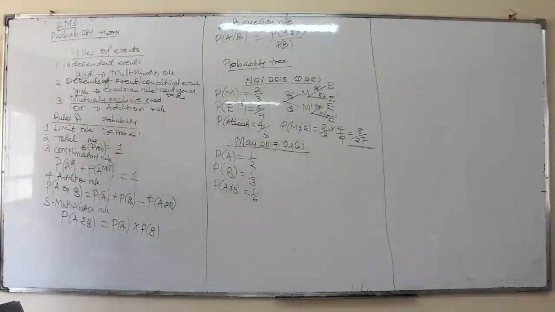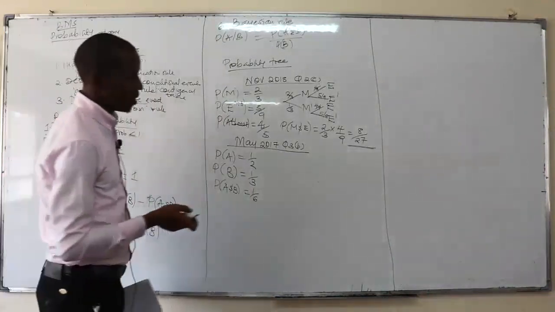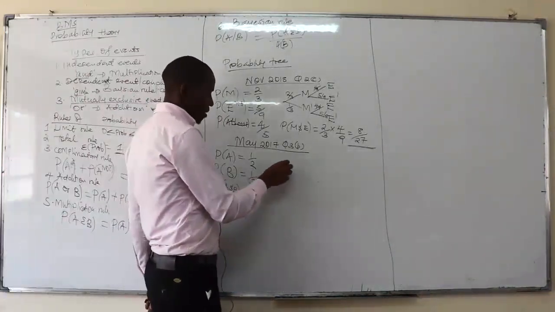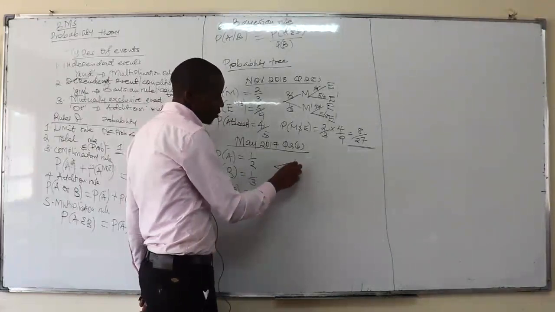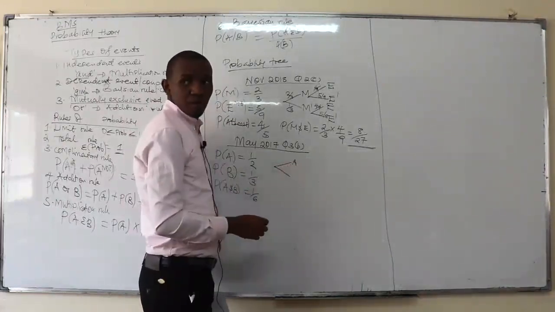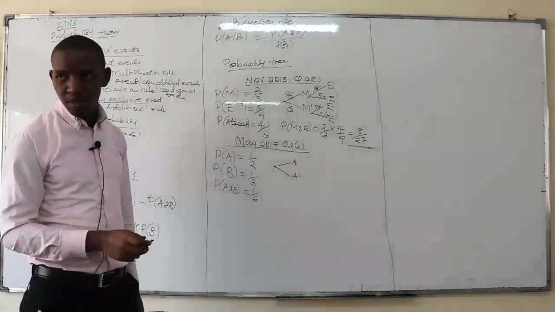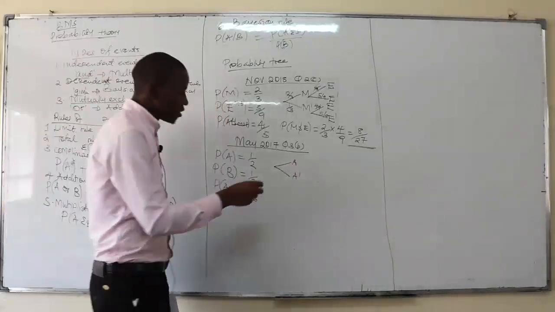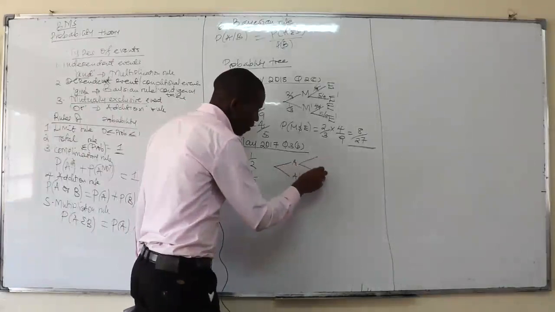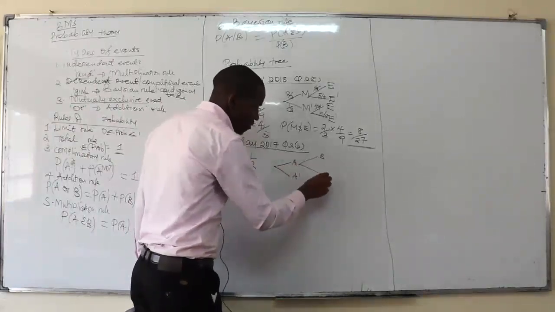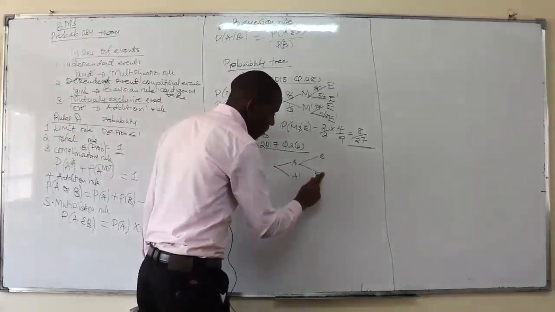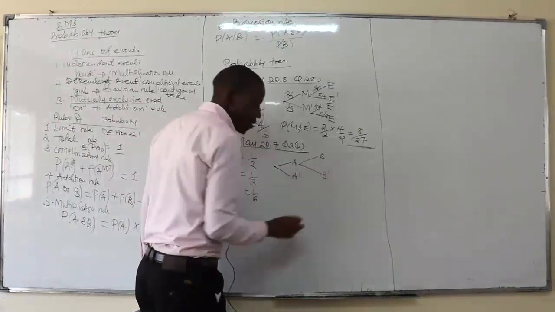Probability tree. So in this case, where are we going to start from? From a probability of A winning, probability of A not winning. Are we together? There is also probability of B winning, probability of B not winning.